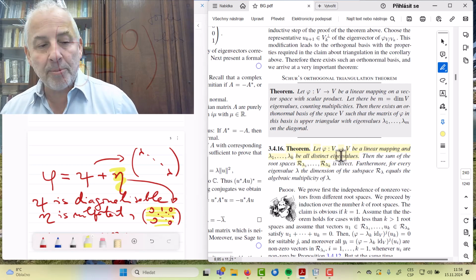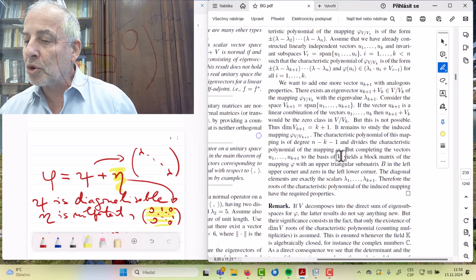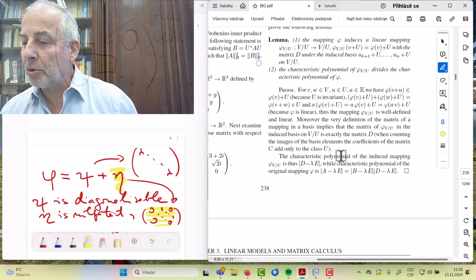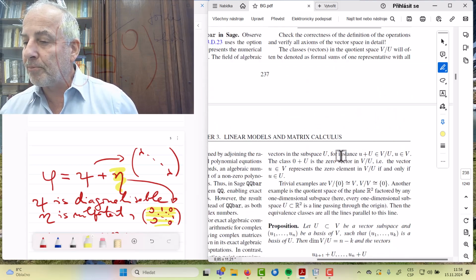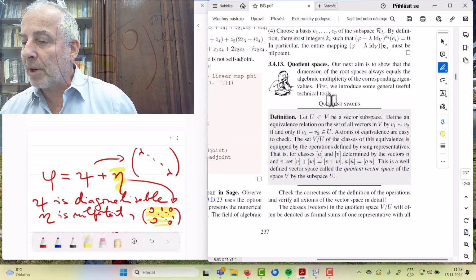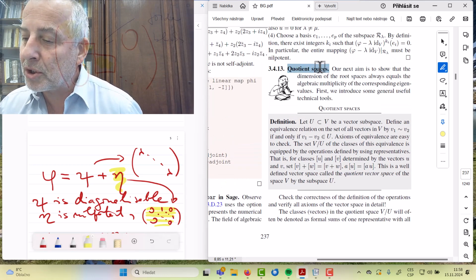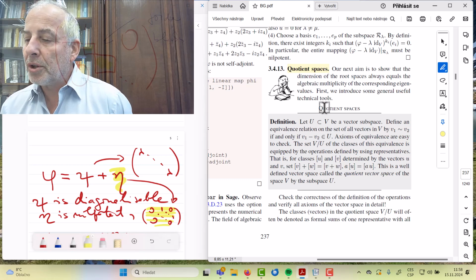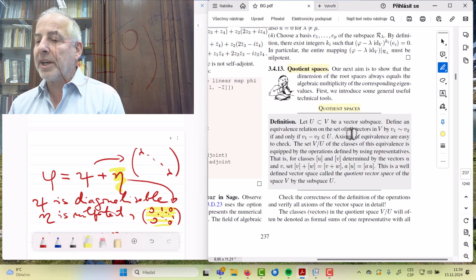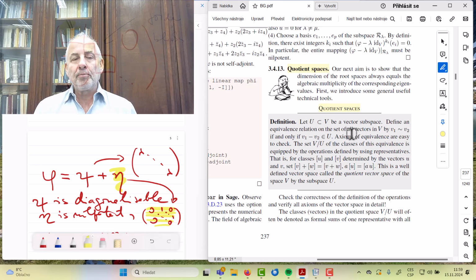On the way to come here I need what I was already going through before, so some properties of the root spaces, but in particular, and that's worth a special stop, the concept of the quotient spaces. That's again something which you could meet very easily and very often in handling data.